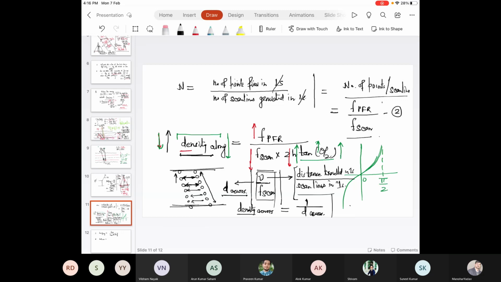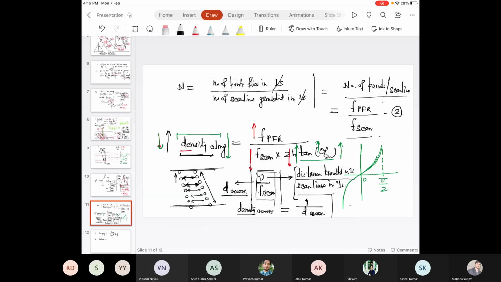Tell me, what did we calculate for density across? Velocity of aircraft upon f scan? No, that is d across, the distance between two scan lines. When we calculate, density across is equal to 1 divided by this distance, so it will be equal to f scan divided by V.